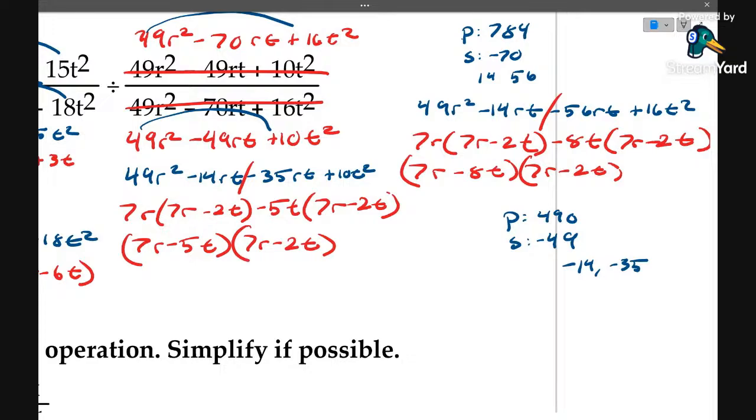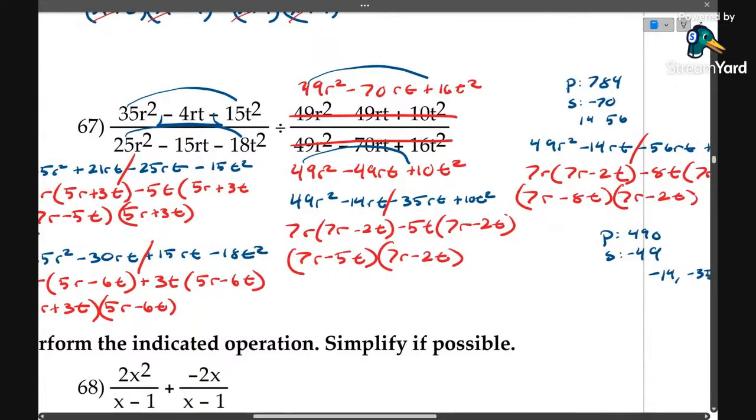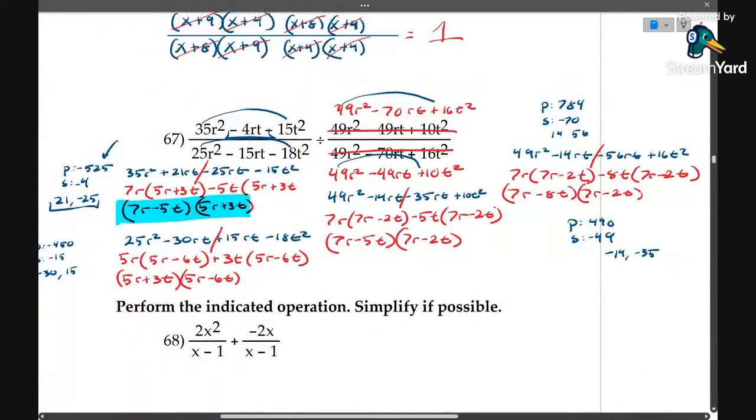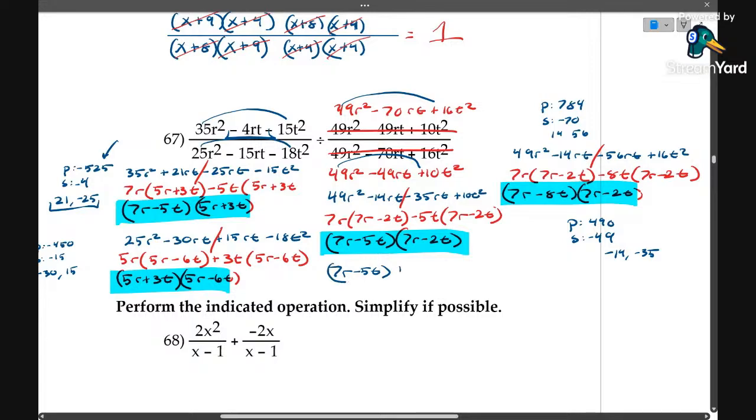So that was a lot of factoring with those polynomials. So we have a numerator, a denominator, and a denominator. So we factored all four of those polynomials. So our completely factored expression is 7R minus 5T, 5R plus 3T.